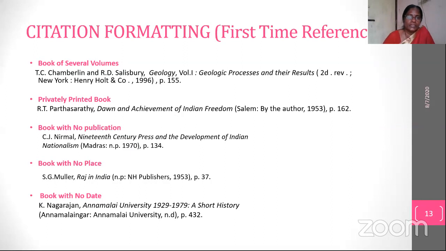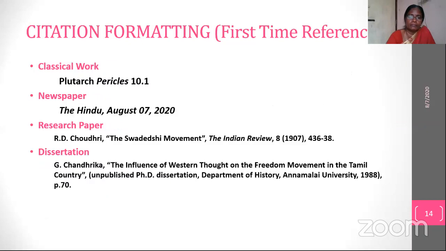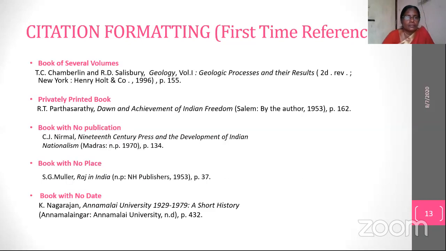Book with no publisher. For example, C.J. Nirmal, 19th Century Press and Development of Indian Nationalism, published from Madras, but there is no reference about the name of the publisher.